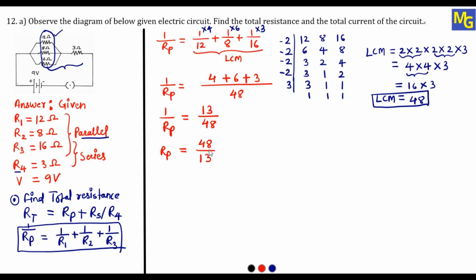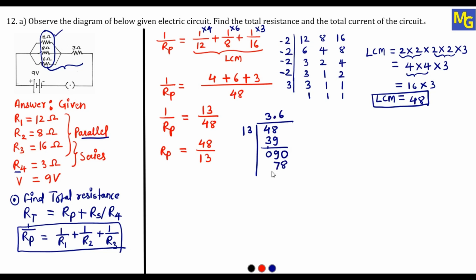Now we will divide 48 by 13. So let me divide it on the side. I'll write 48 here, and 13 here. Once we divide, what are we going to get? 13 threes are 39. Now see, subtracting this, we will get 9. Here I'll put 0, and here it will be a decimal. 13 sixes are, what are we going to get? 78.